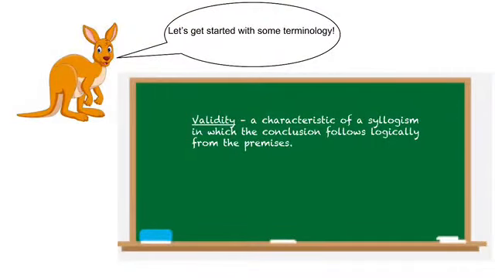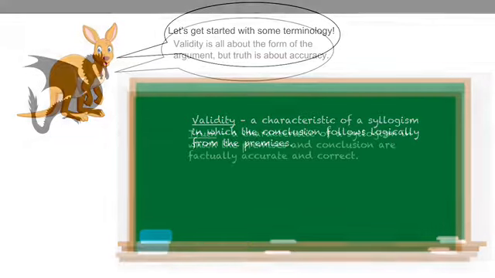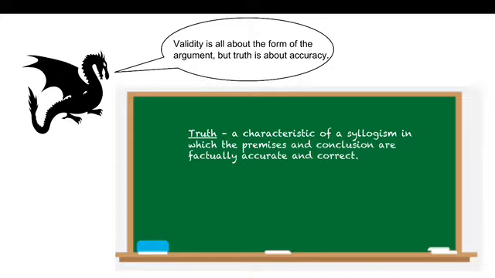So here comes Kangaroo, and she says, let's get started with some terminology. Validity is a characteristic of a syllogism in which the conclusion follows logically from the premises. And we started talking about validity in the last video. And then Logic Dragon comes in and he says, validity is all about the form of the argument, but truth is about accuracy.